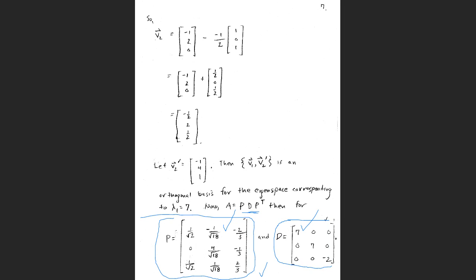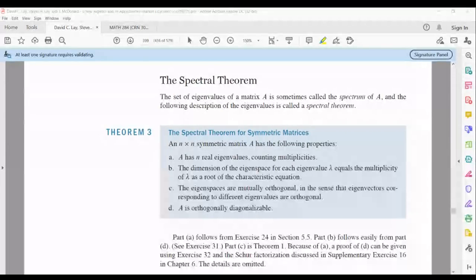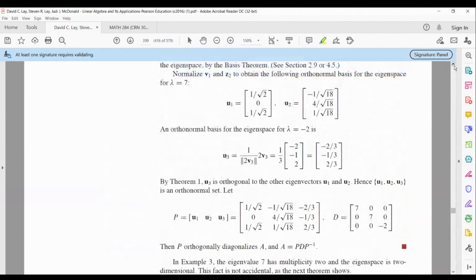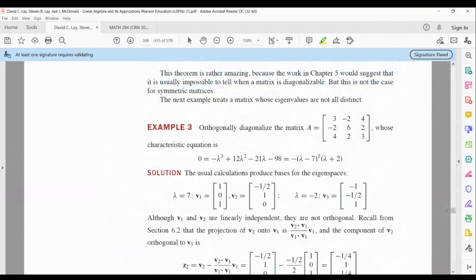Let's move on here. So I want to go into the book real quick. And I want to just show you something relating to this actual example. So this example I worked out for you. Again, example 3, section 7.1. The book leaves out some details to save space.